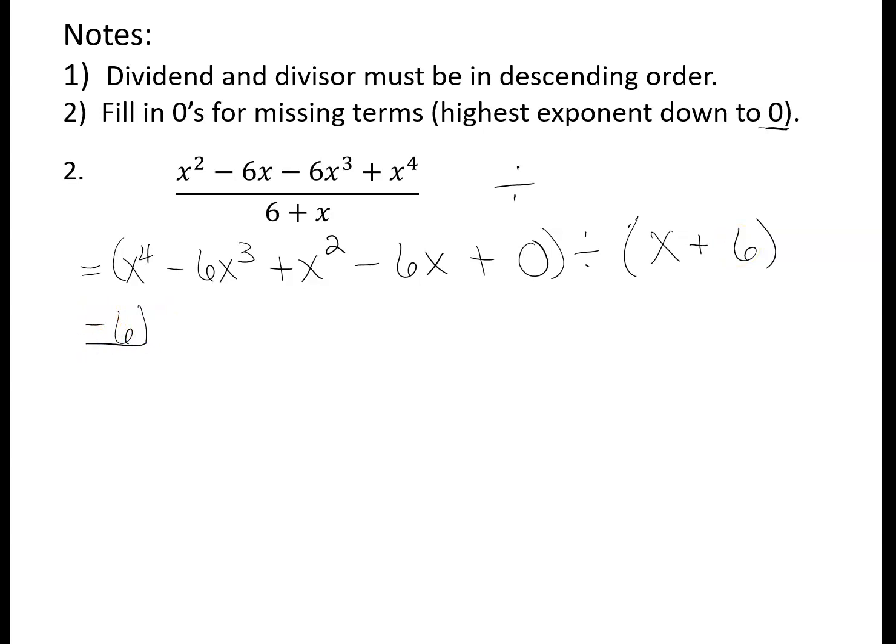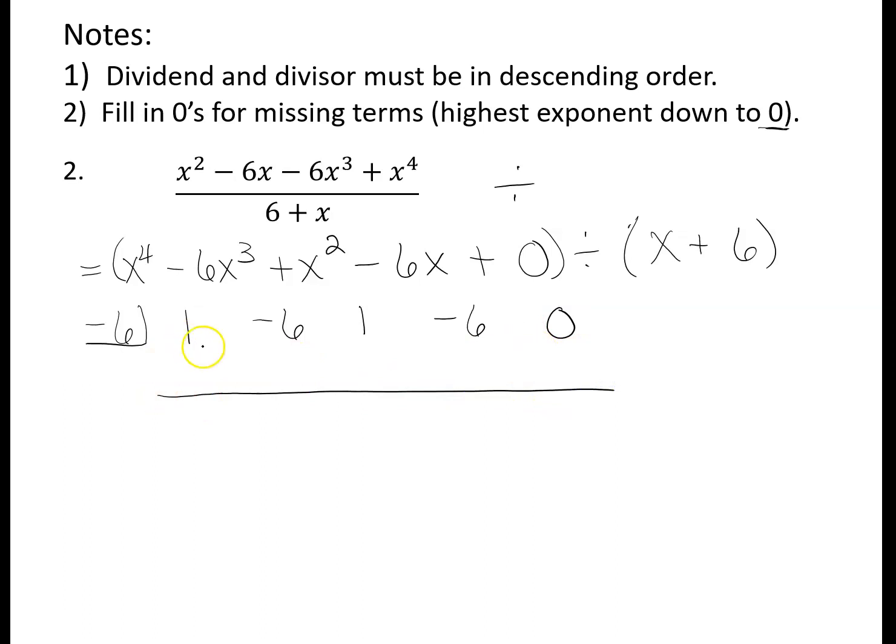Now we're looking at our dividend coefficients. We've got a positive 1, a negative 6, a positive 1, a negative 6, and a 0. Without the 0, it's not going to work correctly. You've got to put the 0, leave a space, and draw the line across.